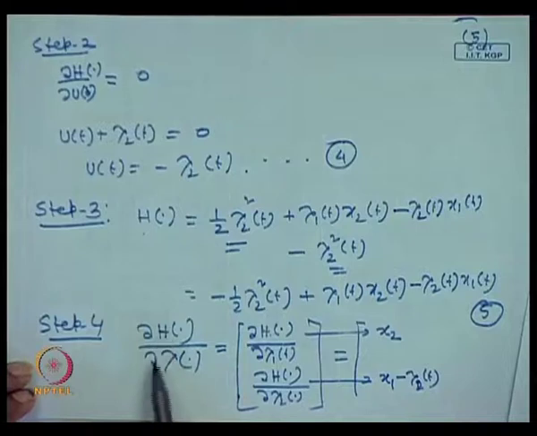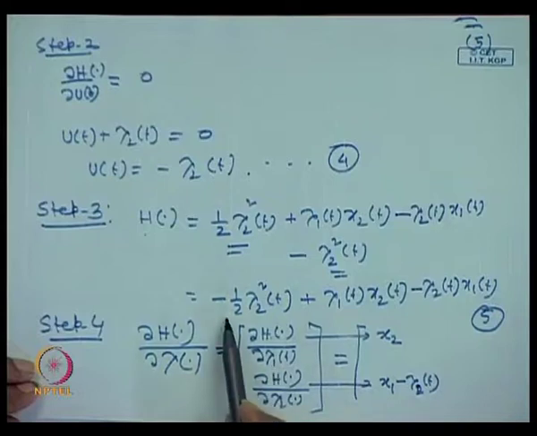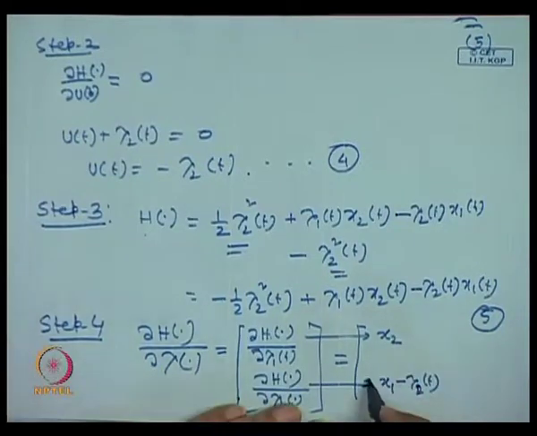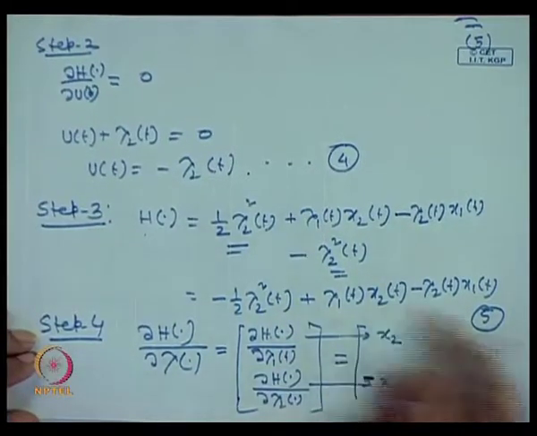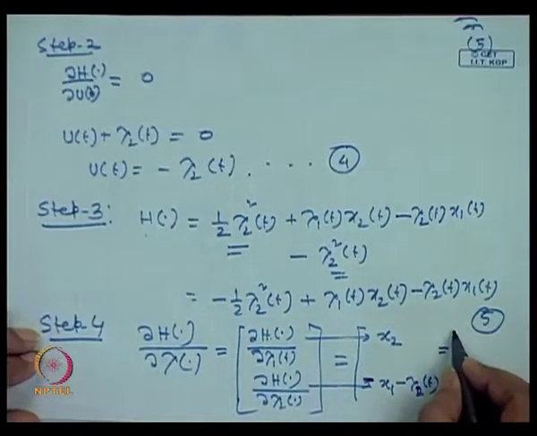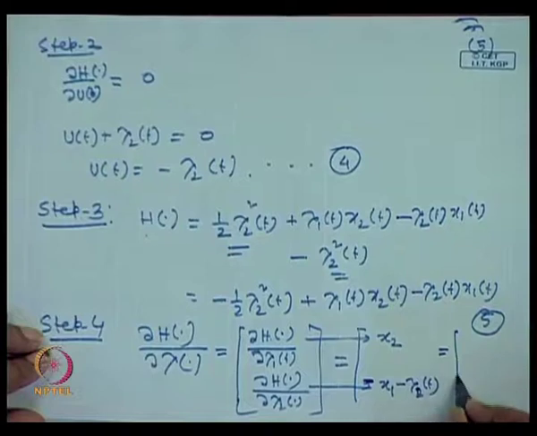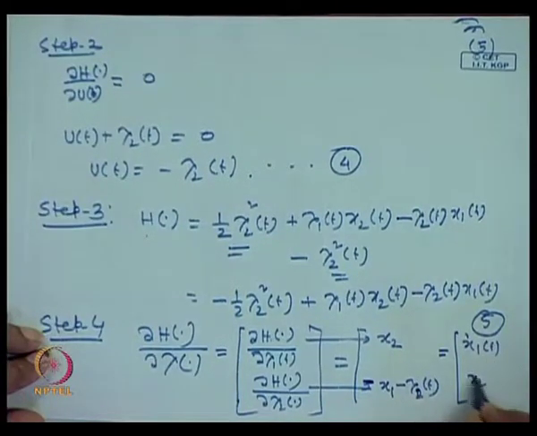We know del H by del lambda is equal to x dot. So, we differentiate with respect to lambda 2, and this equals x 1 dot of t, x 2 dot of t.